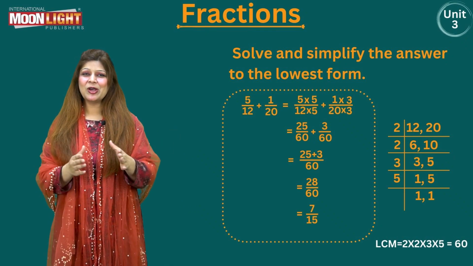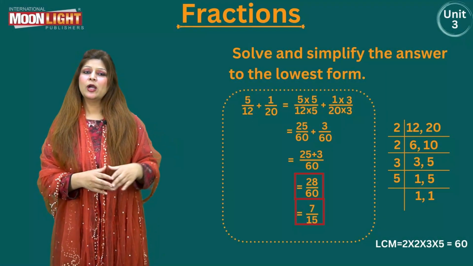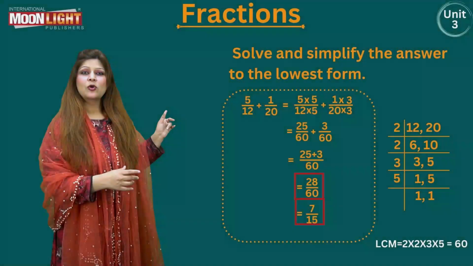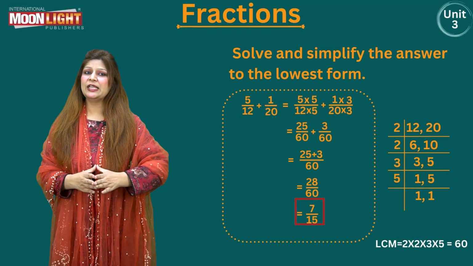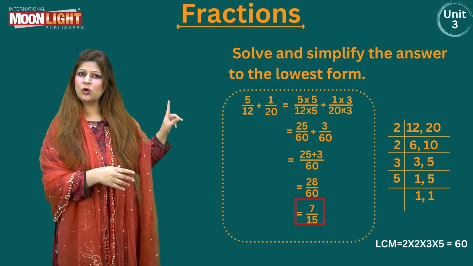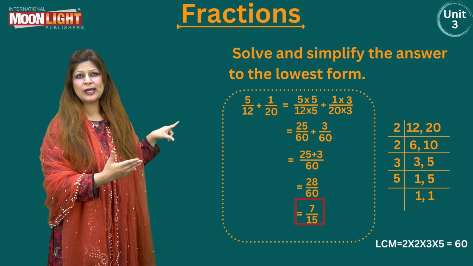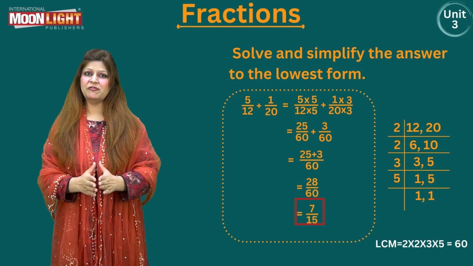You know it. Recall the 4 times table. 4 7s are 28 and 4 1s are 4. 4 5s are 20, so this is 15. 7 by 15 is my answer, which is in the lowest form, because there is no more cancellation or division possible over here. So that is why this is my simplified answer.